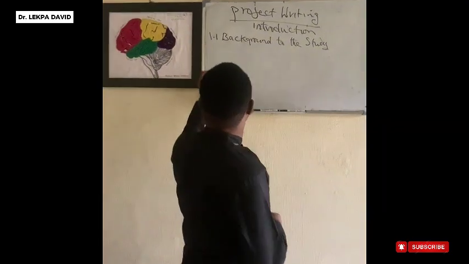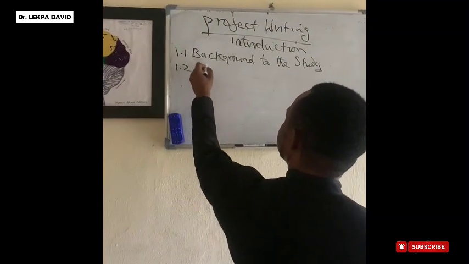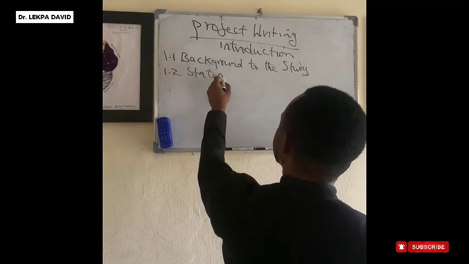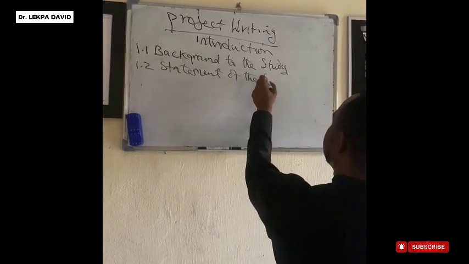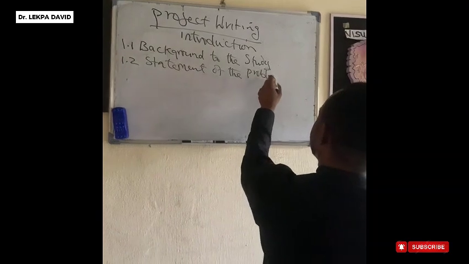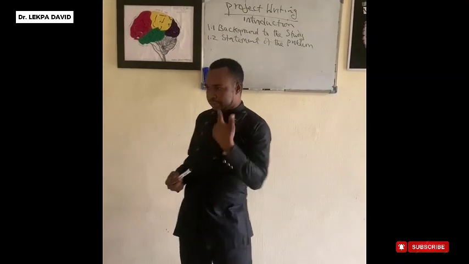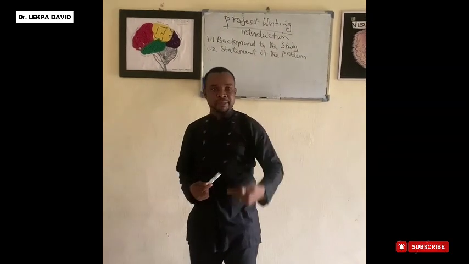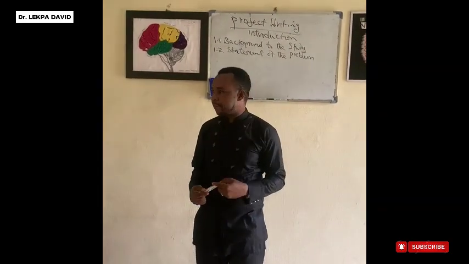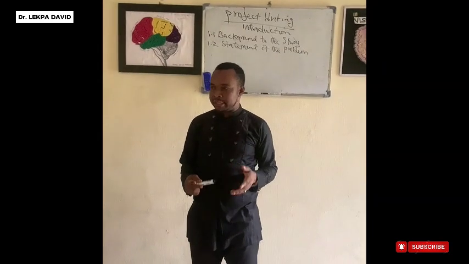Now, after background to the study, 1.2 is the statement of the problem. I've told you before how to generate a problem, right? So now you have to state the problem that you have been able to see after your search, where you have seen the gap in literature.